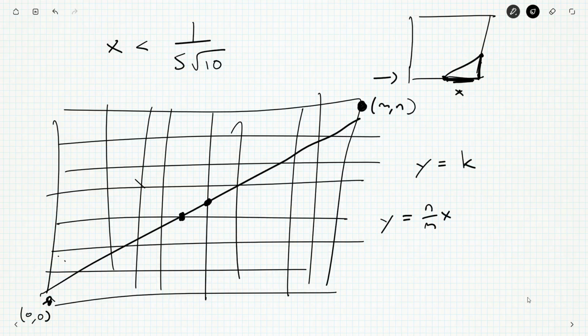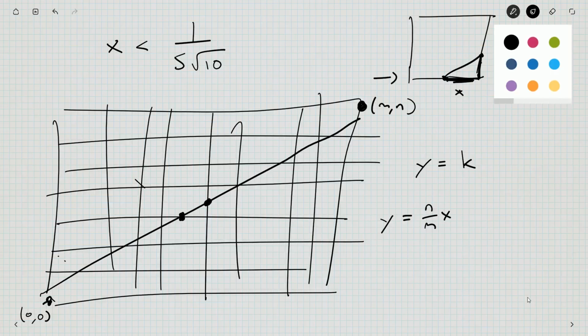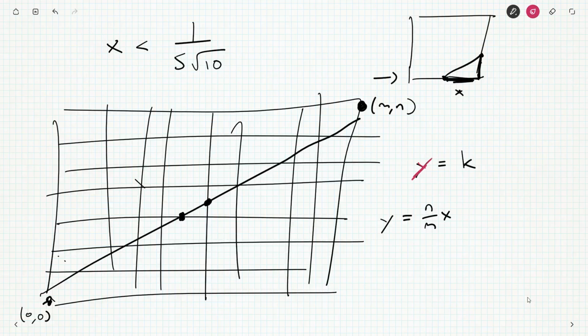We've got mn here. So if I intercept the line y equals k, I can calculate this point here, and I can ask, what's it closest to? Or it's got to be if I round it up.